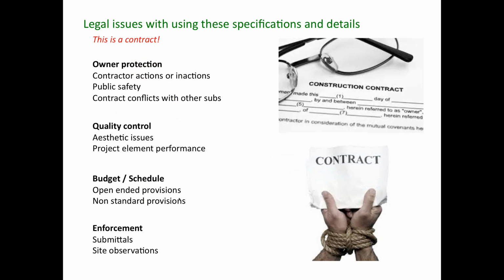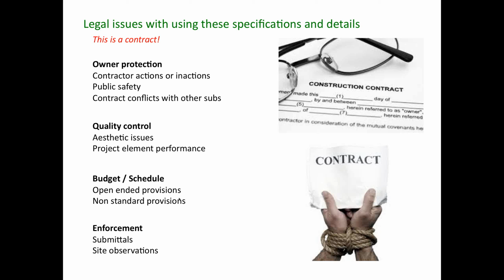So essentially, specifications and details become part of a construction contract. Part of a contract is to protect the owner through actions and inactions of the contractors, provide for public safety, and to solve conflicts with other subcontractors. They also are controlling both the aesthetic quality of the project and also the project performance of the various elements.